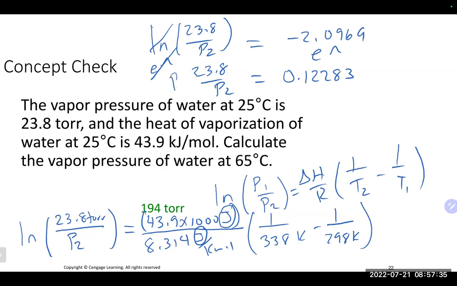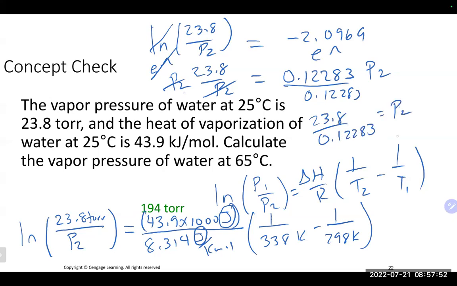So we're going to multiply P2 to both sides. Then we're going to divide by this number on both sides. So that's going to give us 23.8 divided by 0.12283 is equal to P2. And that does give us a P2 of about 194 torr, about 193.756. That's what you end up with there.